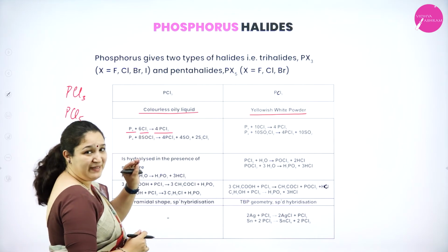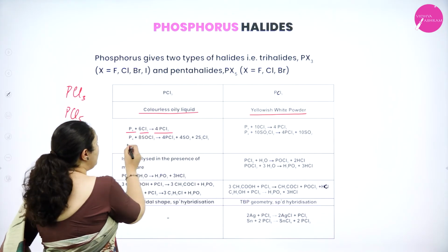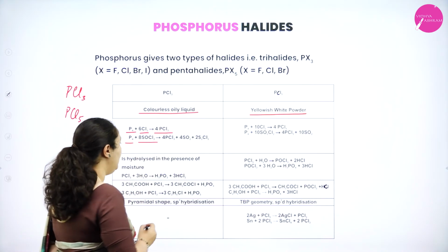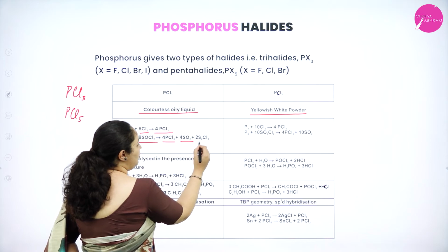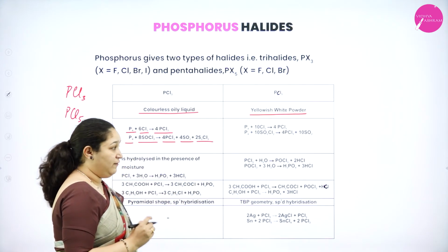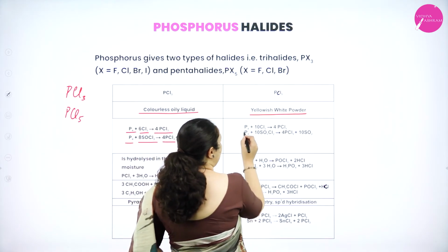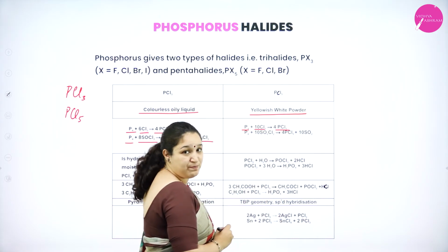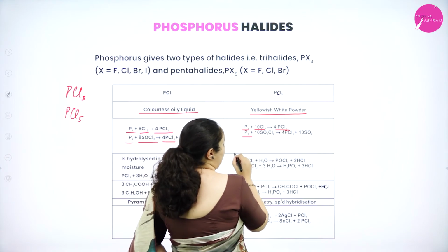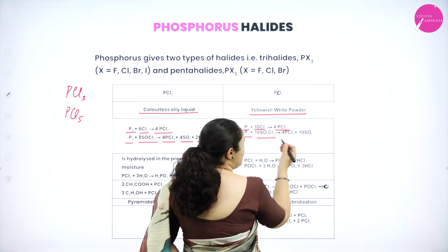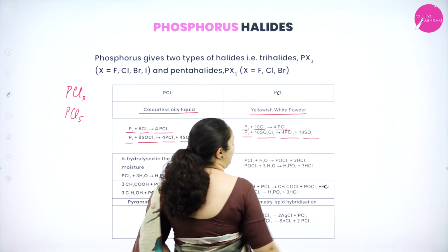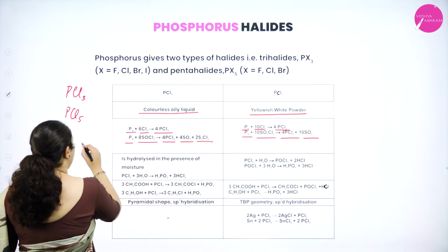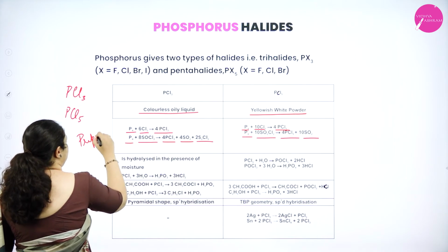Or phosphorus, when it is treated with SOCl2, that is thionyl chloride, we can get PCl3, SO2 and S2Cl2. Whereas for PCl5, you take phosphorus P4 and excess of chlorine, you will get phosphorus pentachloride, or phosphorus with SO2Cl2, you will get PCl5 and sulfur dioxide gas is liberated. So this is the method of preparation.